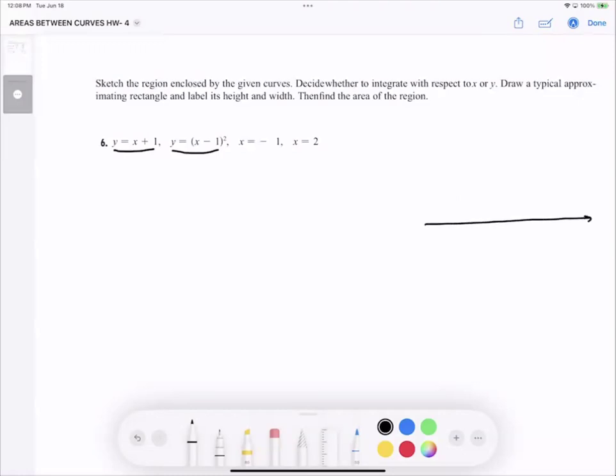Okay, this is my x-axis, and this is my y-axis. Let's just have it here. A little bit better line. Perfect. So let us begin. I'm going to shift this 1 unit here and graph my parabola.